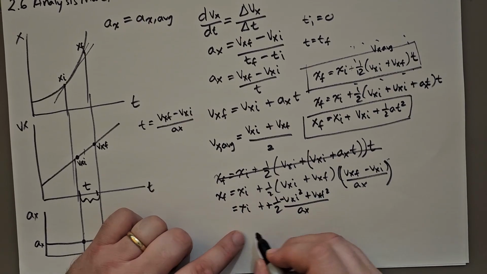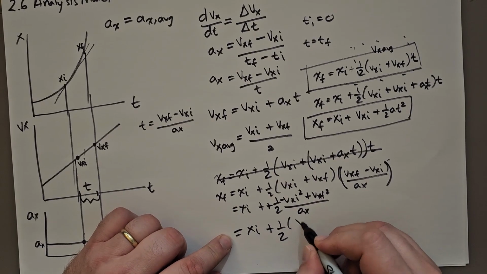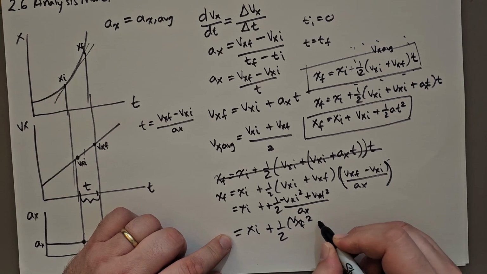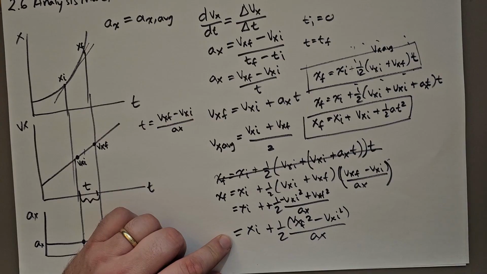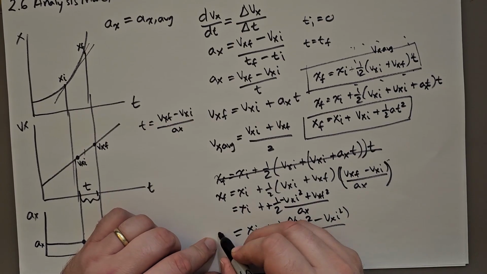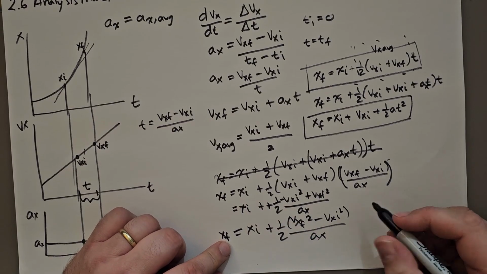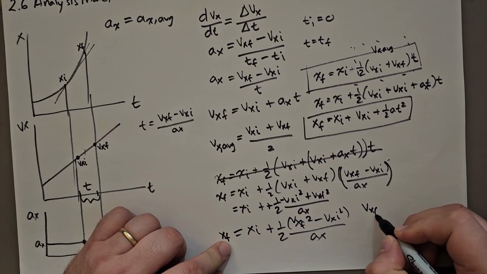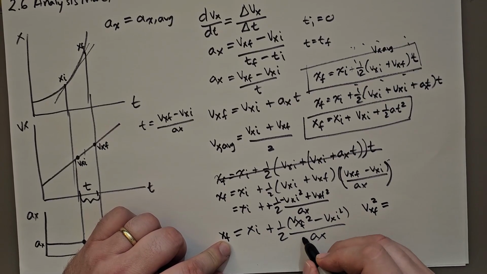So let's rewrite that again. x sub i plus 1/2 (vxf squared minus vxi squared) all over ax. So we can rewrite this. We want to solve for vxf squared. Let's put the 2 down here, 2ax.